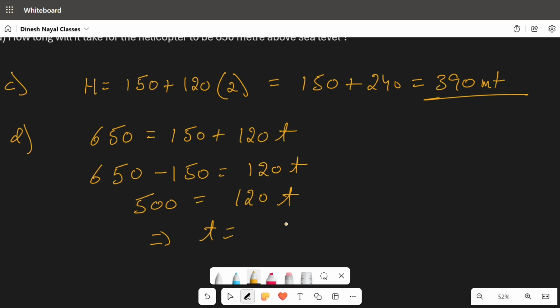So this implies what is t? T will be, just cross multiply, 500 by 120. You cancel the zeros. So this will be 25 by 6, because cancelling by 2, 25 by 6 minutes, or you can write this in mixed form as 4 1 by 6 minutes.